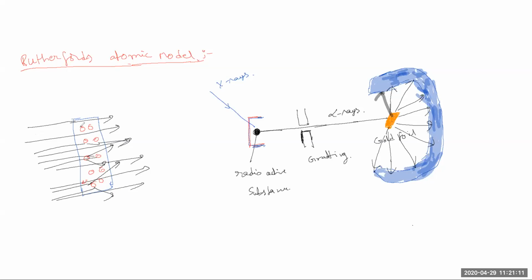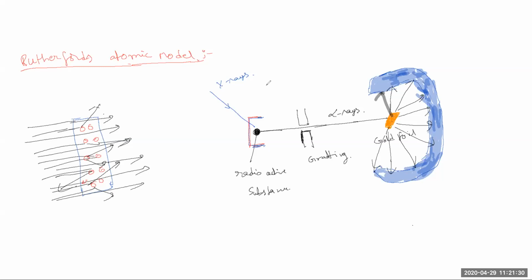What does this diagram represent? Listen now. Here, many alpha radiations pass through the gold foil.